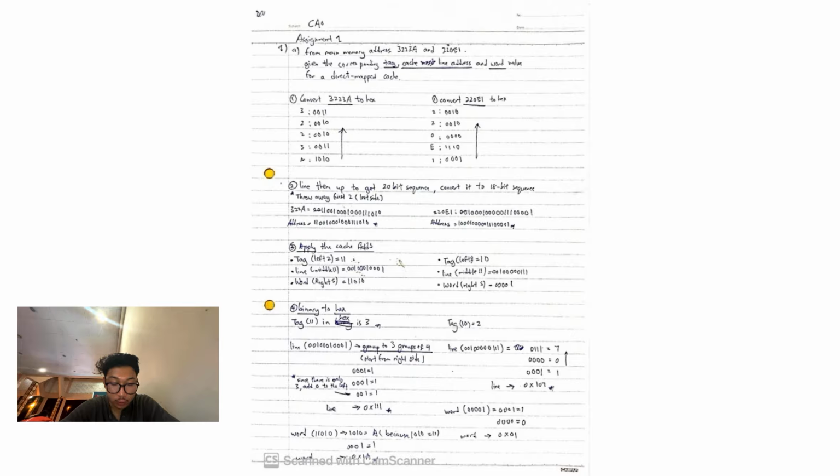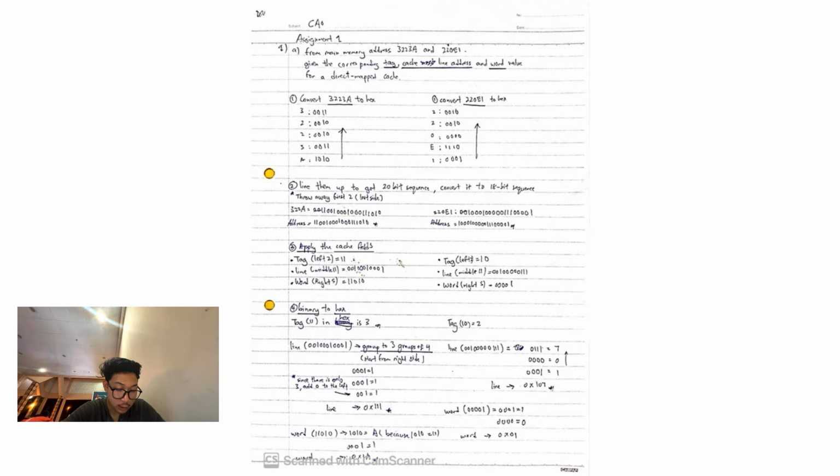The tag is the leftmost 2 bits, the line is the middle 11 bits, and the word is the rightmost 5 bits. For the fourth step, binary to hexadecimal: the tag for the first address turns to 3, and for the second address it is 2.